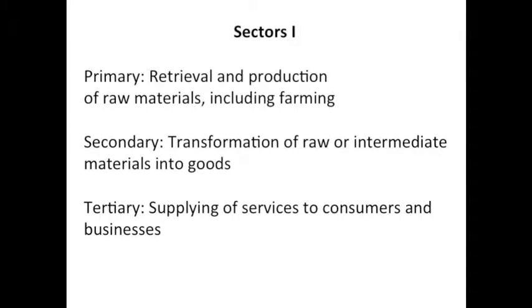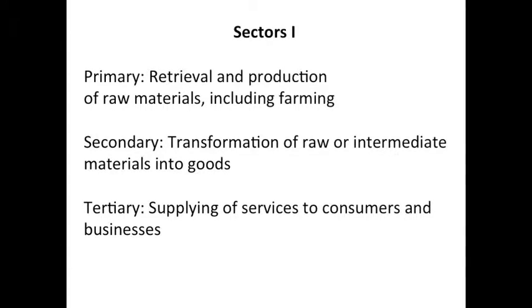Now, of course, if you look at the sectors, it's primary retrieval and production of raw materials, including farming. Of course, we all depend in one way or another on this foodstuff, on raw materials. But this is a physical dependence, it's not the economic relationship.